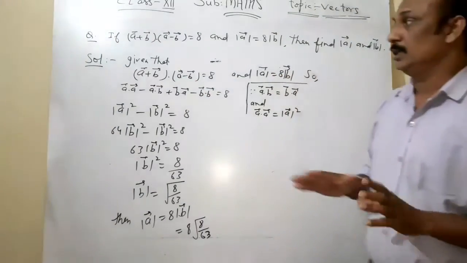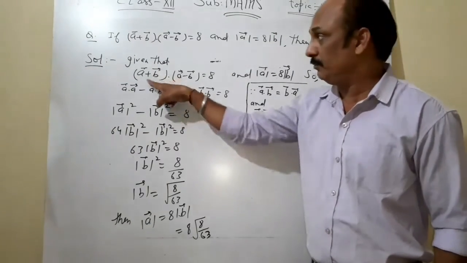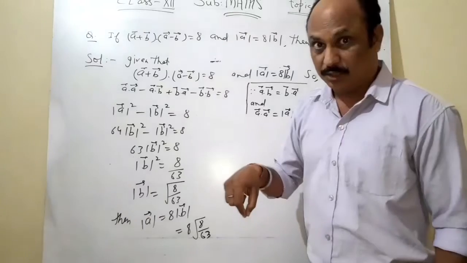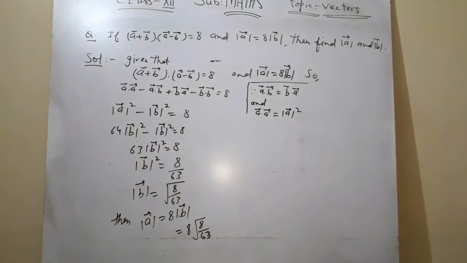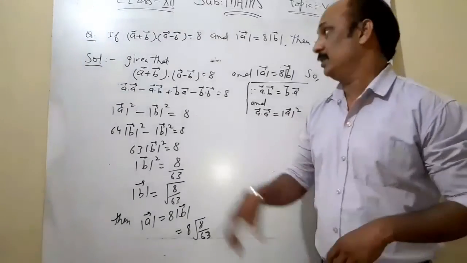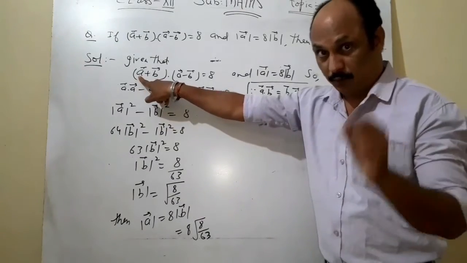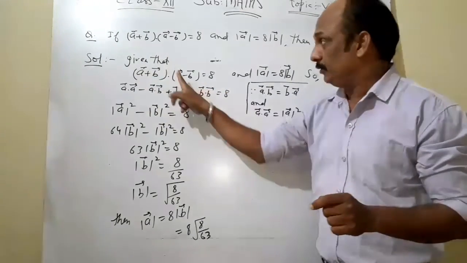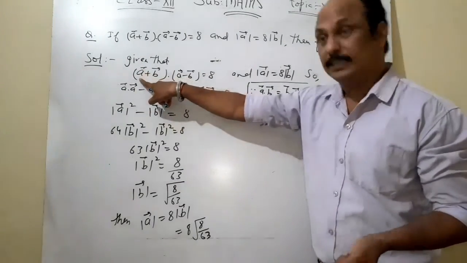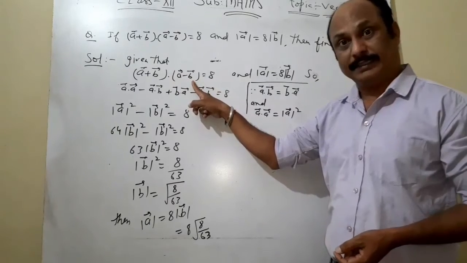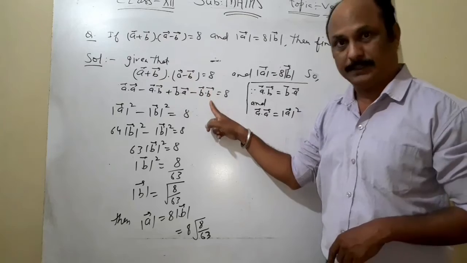If we use the dot product between these values, we get A dot A, first vector dot first vector, A dot B, first vector dot second vector, similarly B dot A and B dot B.